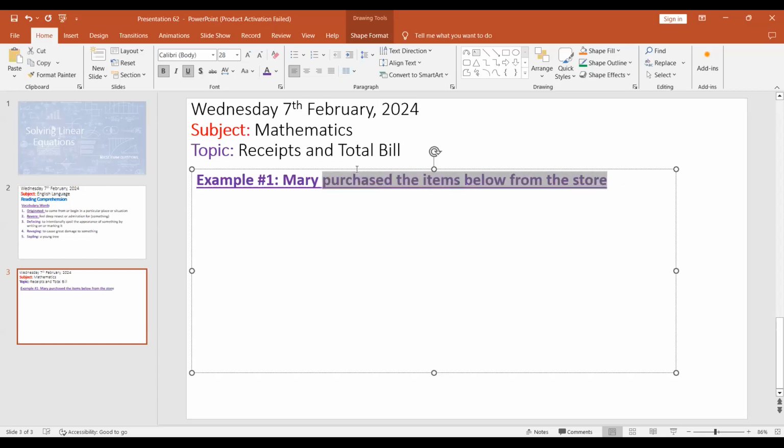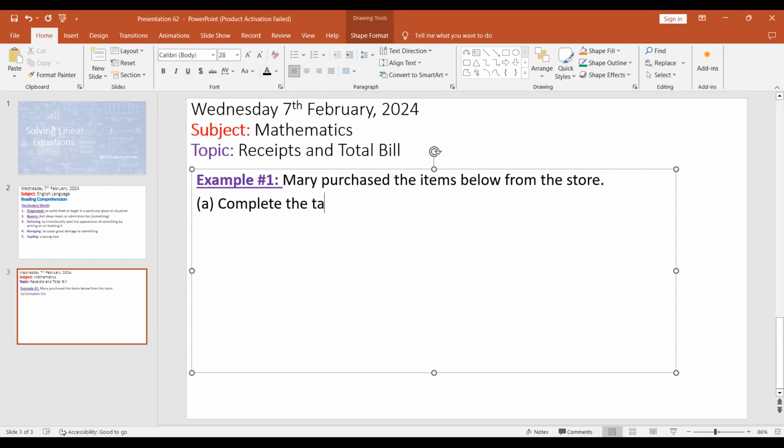Make sure your mic is muted. So Mary purchased these items from the store. A, complete the table to show each total and then the grand total.